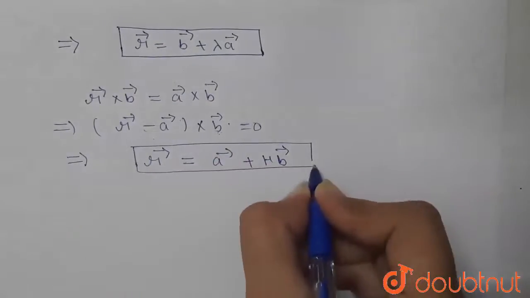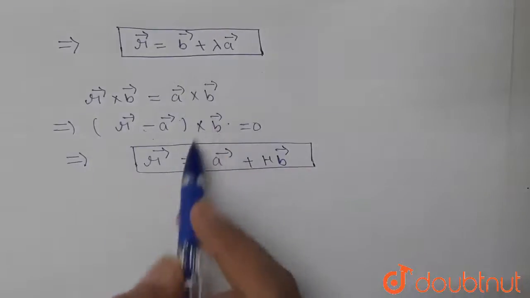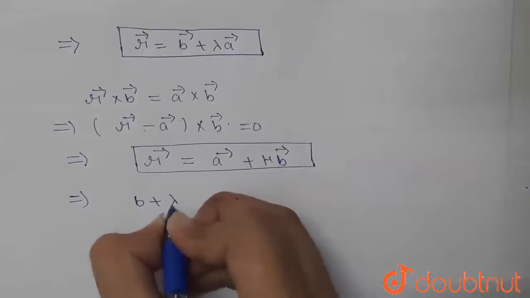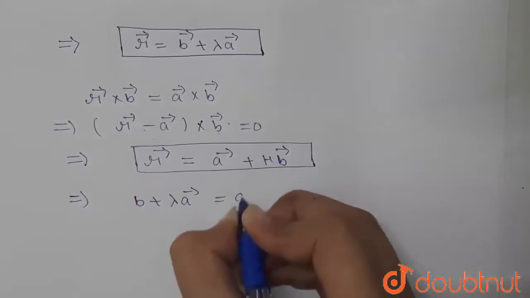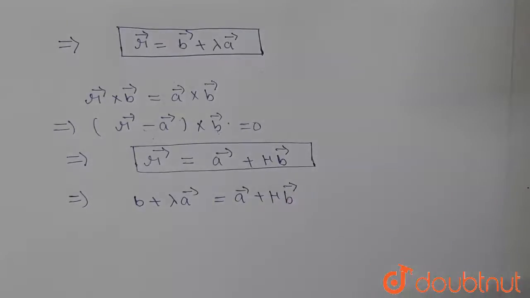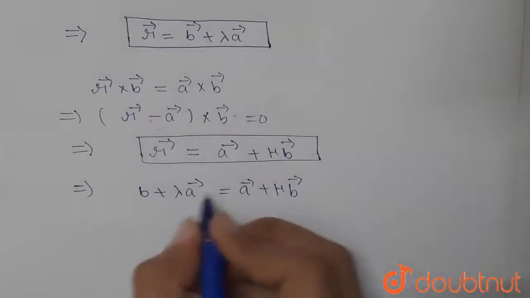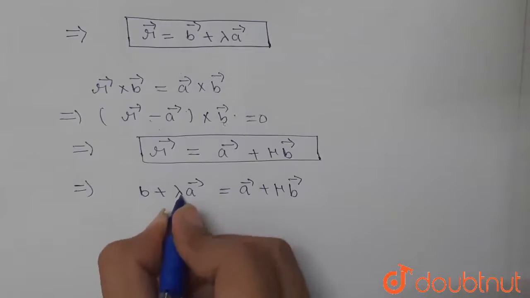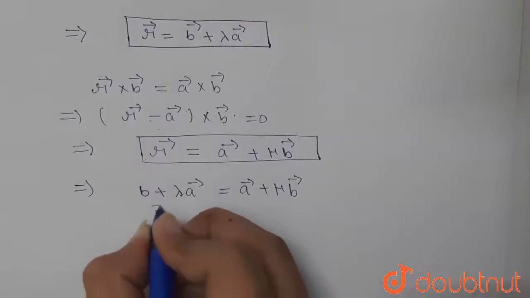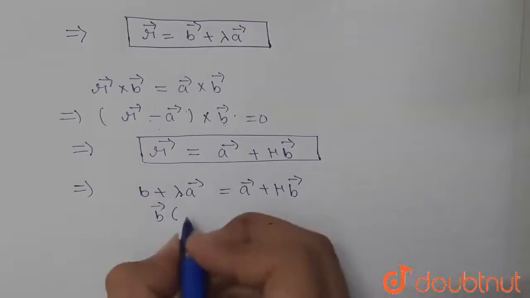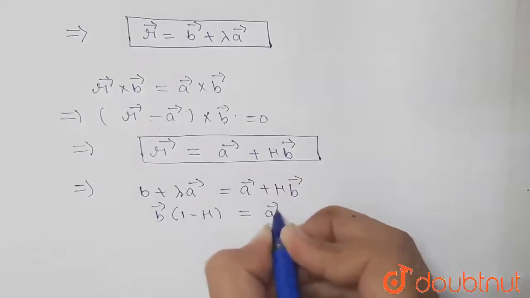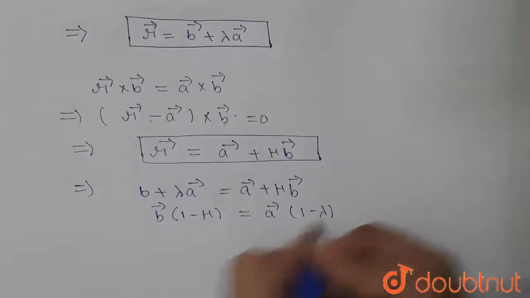Now their point of intersection will be what? When they will be equated. So on equating them, B vector plus lambda A vector equal to A vector plus mu B vector. B vector can be taken common, so it can be written as B vector into 1 minus mu equal to A vector into 1 minus lambda.